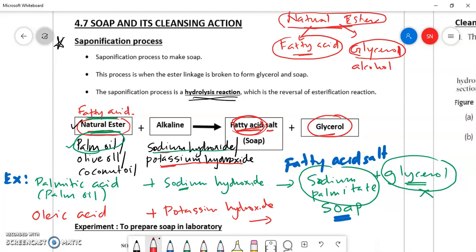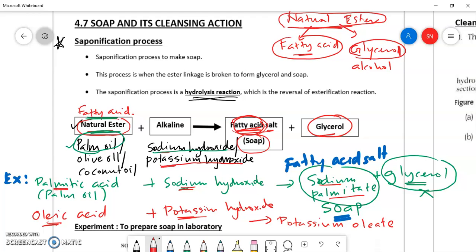Oleic acid plus potassium hydroxide is going to give us a salt which is called a fatty acid salt. That is the soap which we require. So here we take potassium and oleic. Just now we took sodium and palmitic, so we got sodium palmitate. Now we take potassium and oleic, we will get potassium oleate.